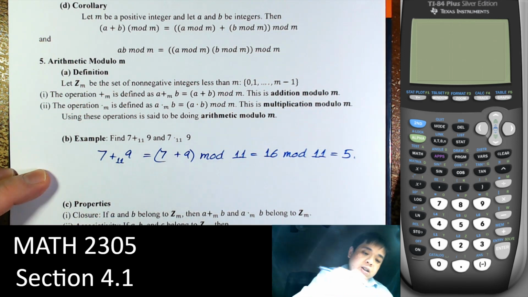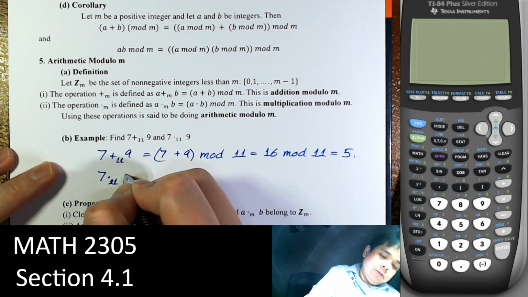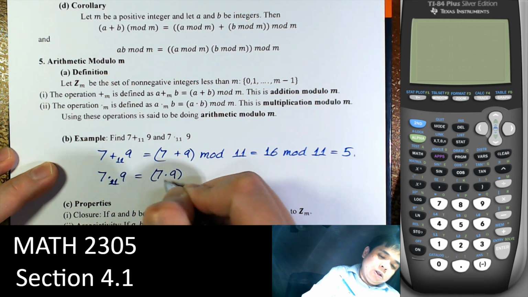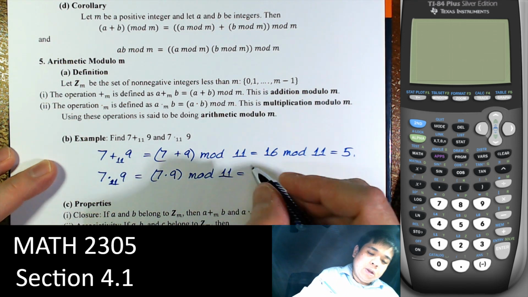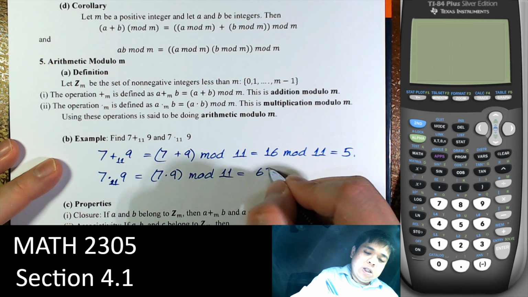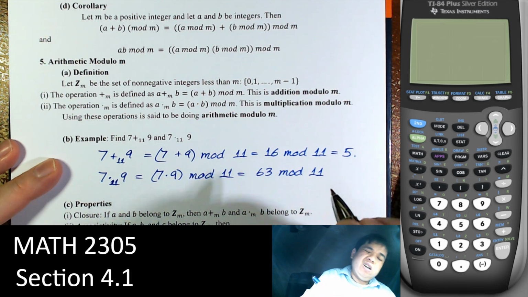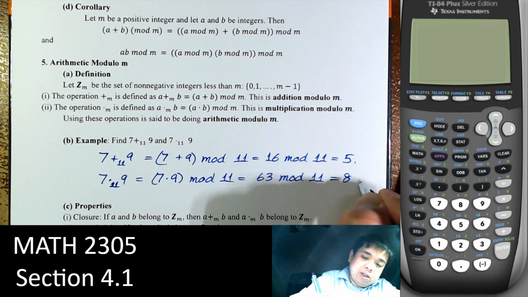Now how about multiplying? That's 63. 63 divided by 11, the closest multiple is 55, so the remainder is 8.